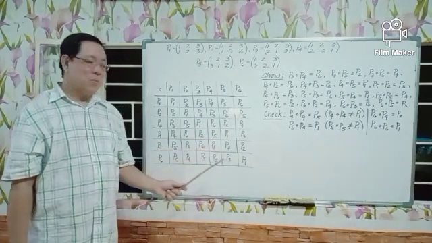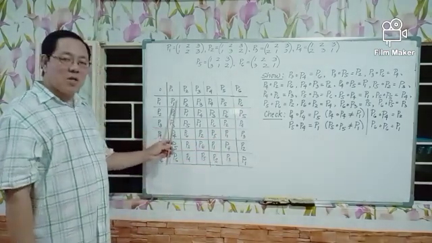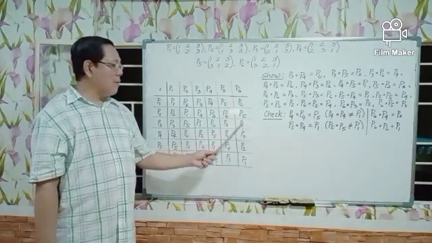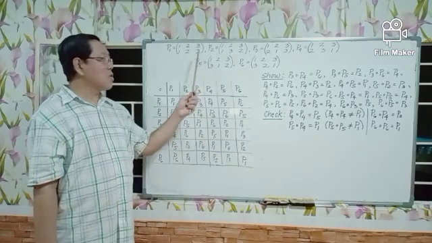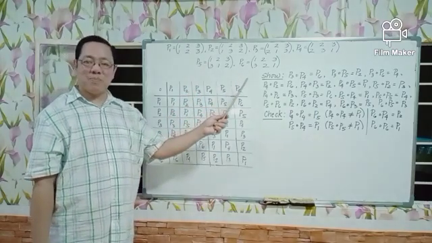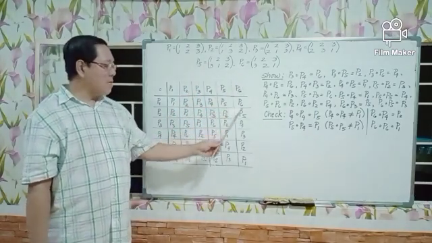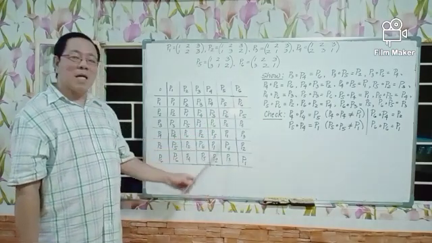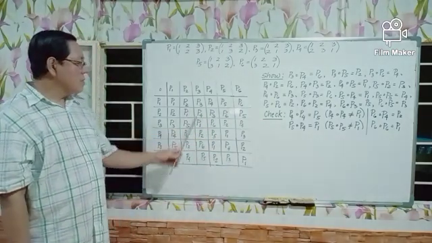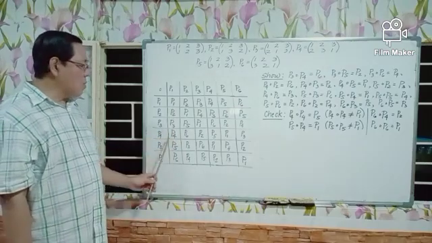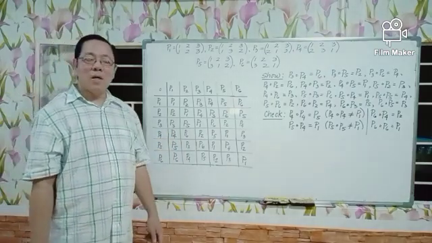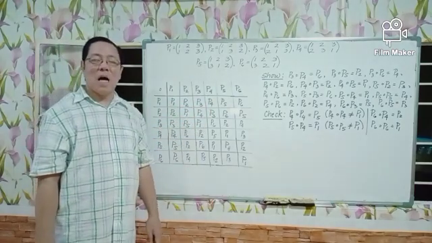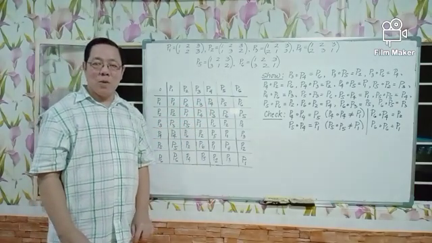Also, by inspection of each column, you can see that each of the functions p1 up to p6 appears exactly once in any column. You will not see a column in this table where any of the 6 functions appears more than once.